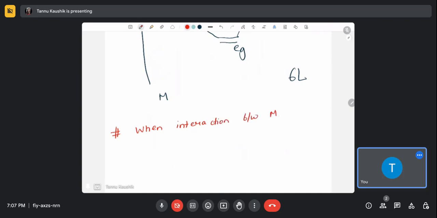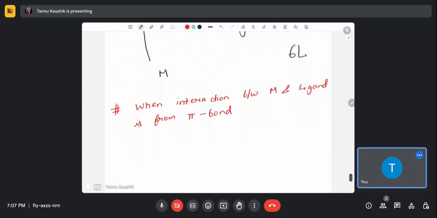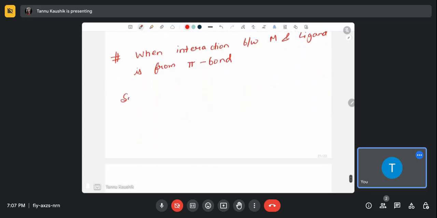So we will be finding the possible pi orbitals.